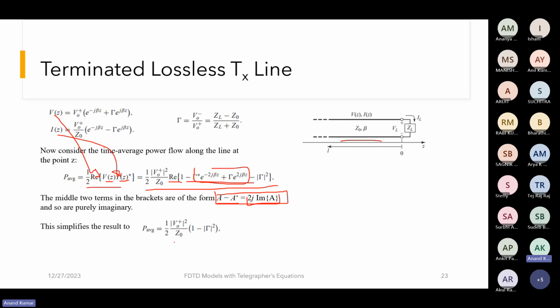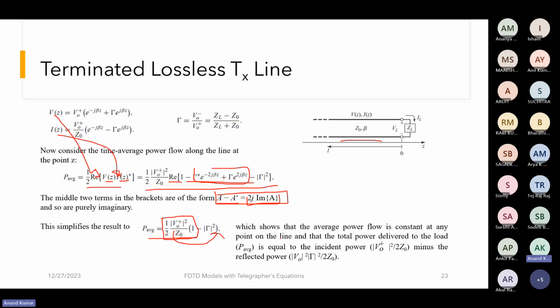If you look closely, this expression is a combination of the incident voltage, which is this term, and the reflected voltage, which is this term multiplied by gamma. The incident power is mod of V naught plus square by 2 Z naught.